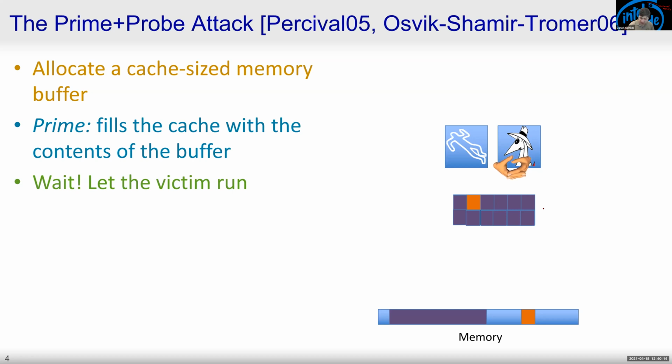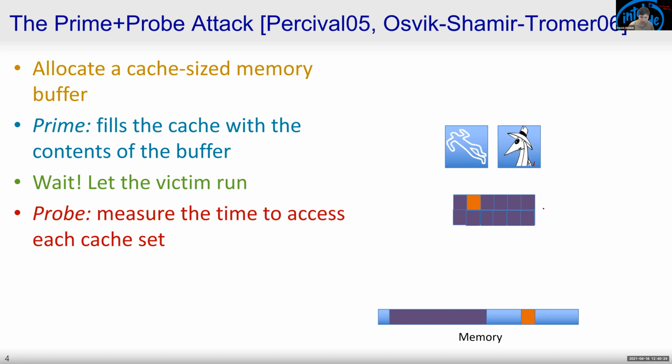And then when the victim finished running, so the orange piece of data got cached following the victim's run, we start the attack phase. Execution returns to our attacker, and the attacker starts accessing its memory while measuring the latency. The first two memory cells come back super quick. But the third memory cell comes back slow.